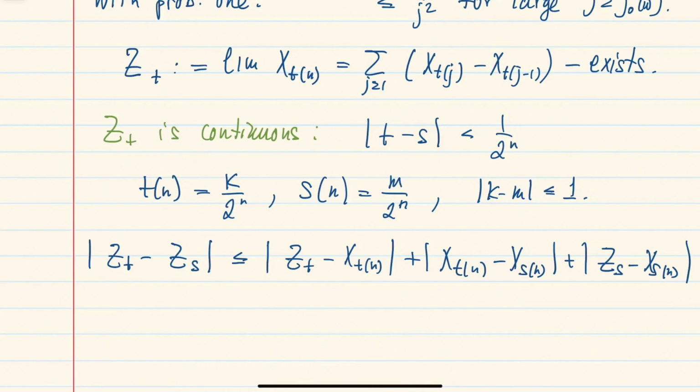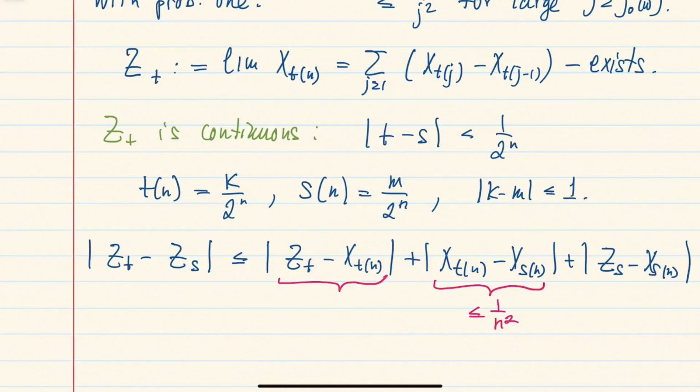okay, so in other words, you relate these limiting values z to their dyadic approximation x at dyadic times t_n, then on that event of probability 1, right, for large n, you know that this difference here, which is a link, will be bounded by 1 over n squared. And then this first term here, well, it's just a tail of that series where each term is controlled by 1 over j squared.